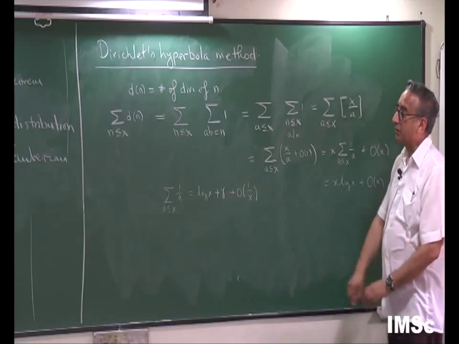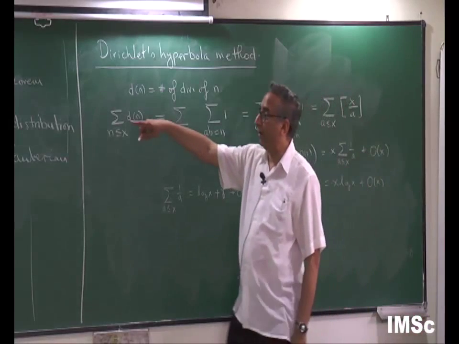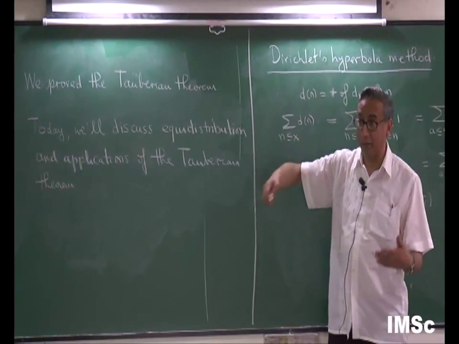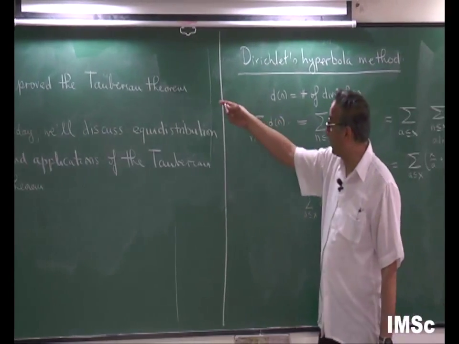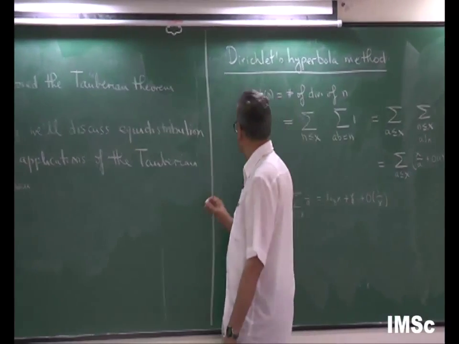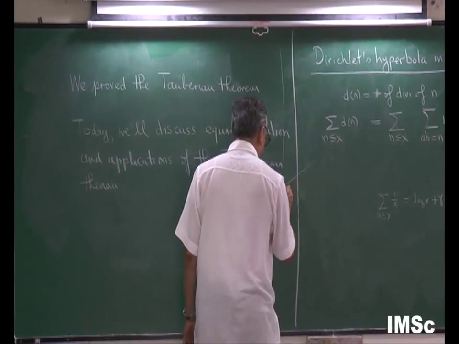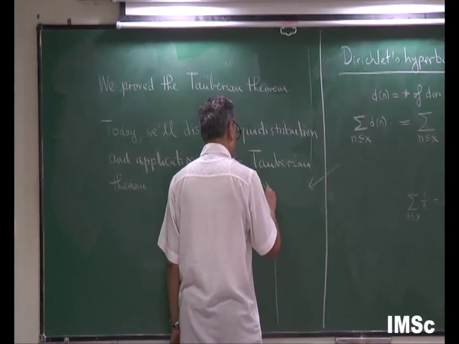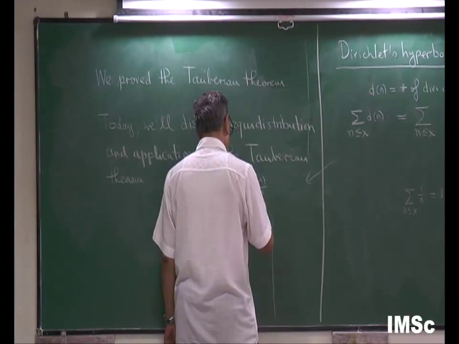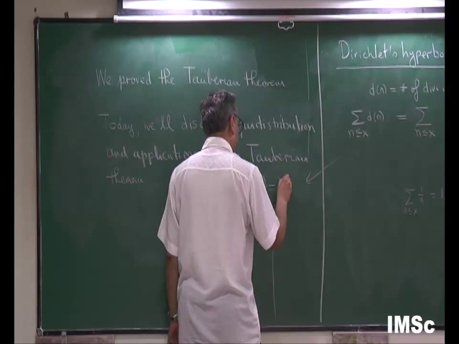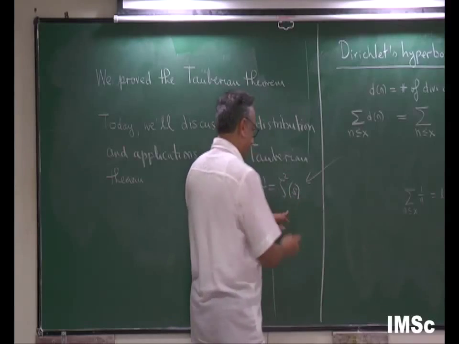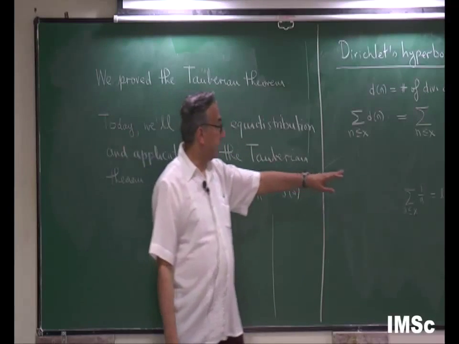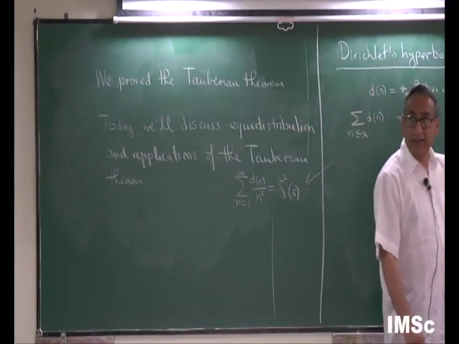I told you also last time how the Tauberian theorem can be used to handle double order poles and higher order poles. And when you use the Tauberian theorem in looking at this same thing, the summation of d of n over n to the s, going from 1 to infinity, is zeta squared of s, and this has a double order pole, and so you would pick up x log x from that.